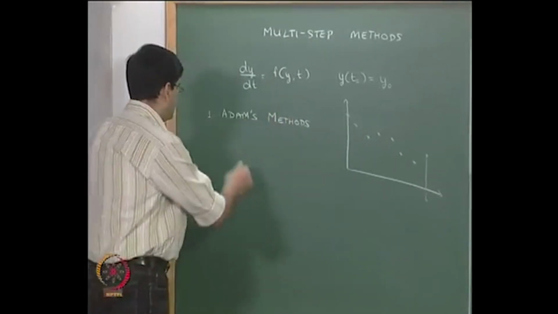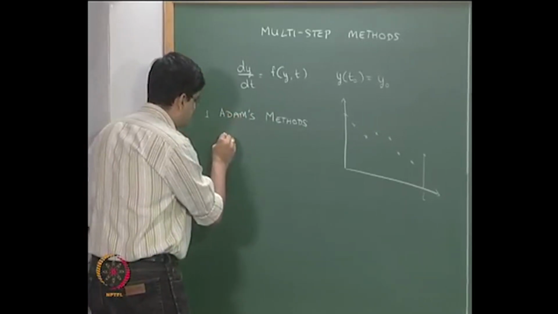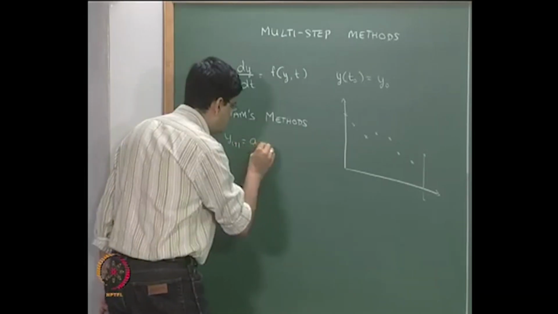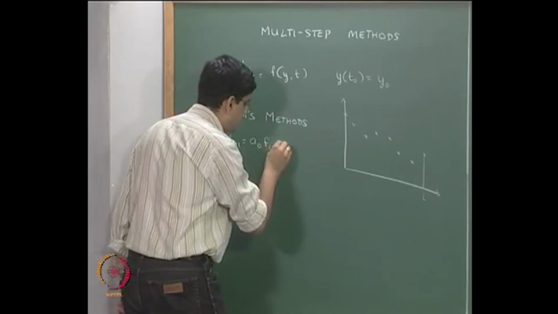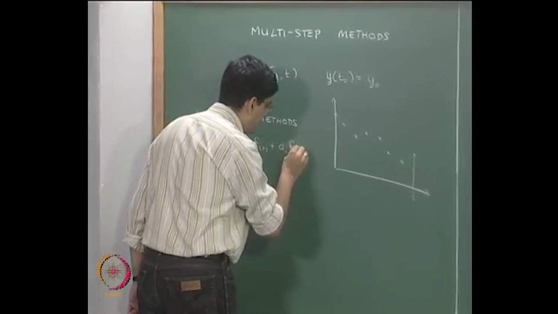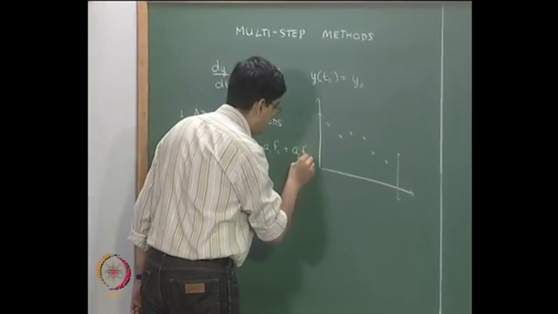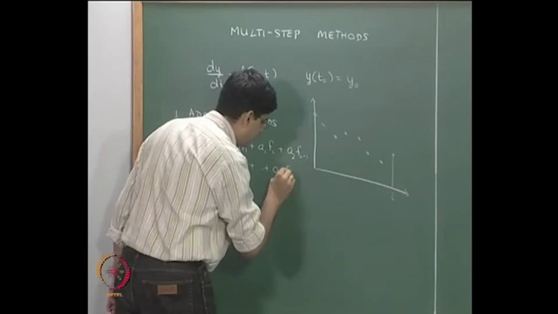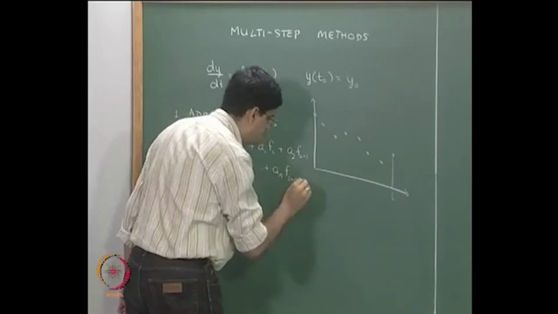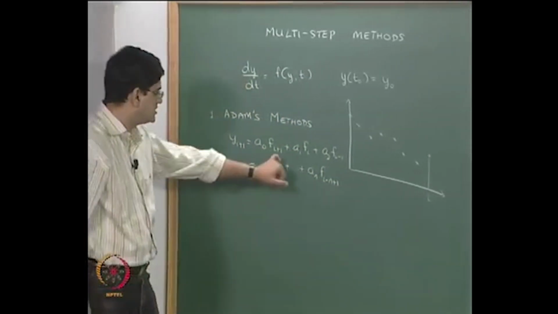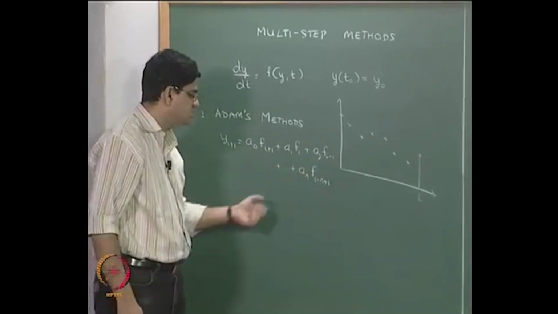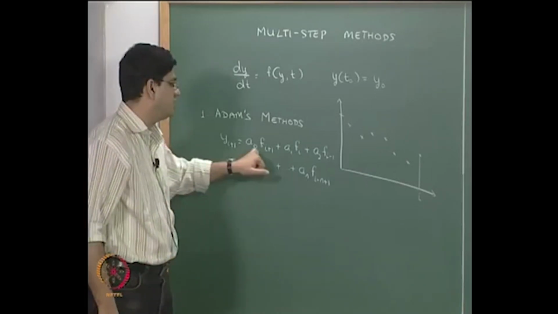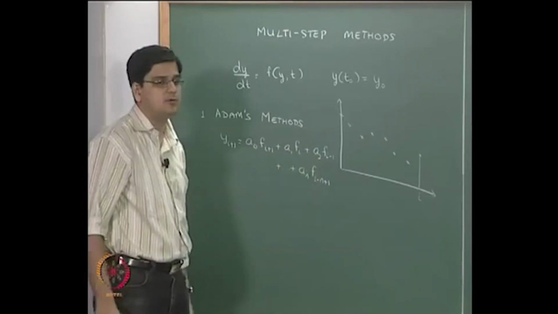As a result, the value is obtained as yi plus 1 equal to a0 f i plus 1 plus a1 fi plus a2 f i minus 1 and so on up to an f i minus n plus 1. What we need to do is find the coefficients a0, a1, a2 up to an.